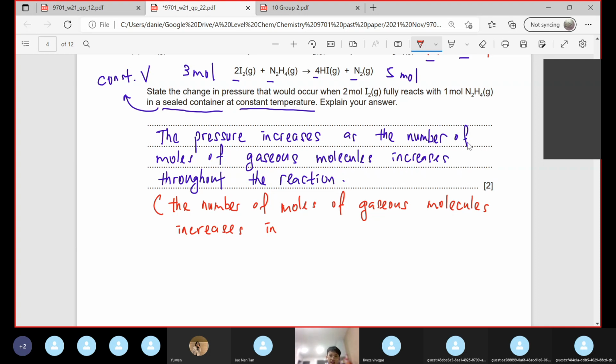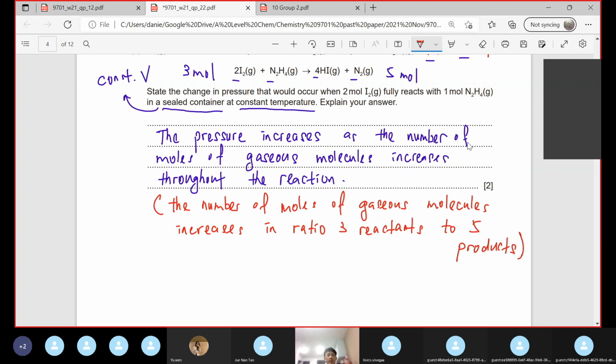Increase in ratio. Okay, we use ratio: 3 reactants to 5 products. So if you write in this way, it shows more clearly in your understanding.